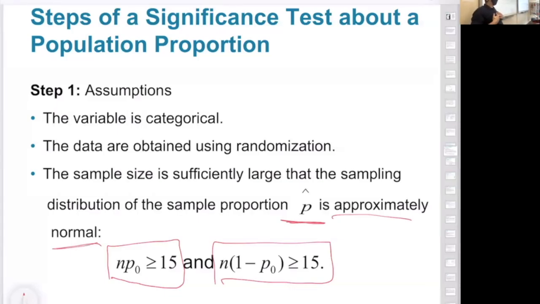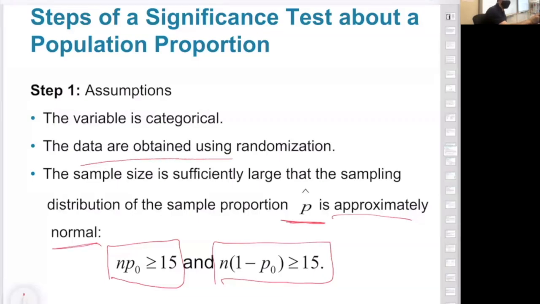Of course, when we are interested in the proportion, that means our variable is categorical. It's not numerical. If it's numerical, that means we are interested in the average. But if it's categorical, we are dealing with the proportion, not the average. And of course, the more important thing is what?